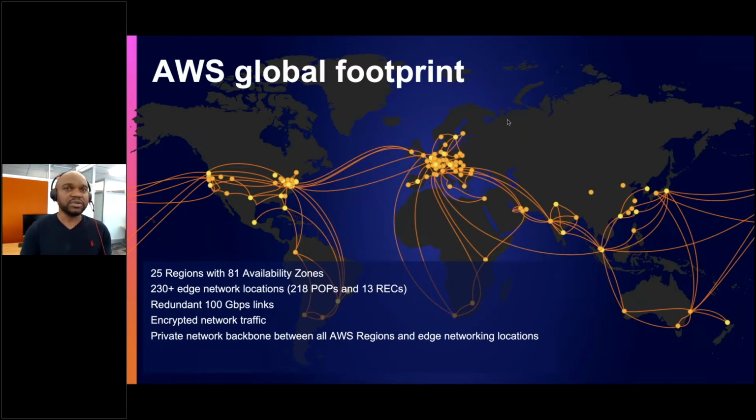I will elaborate a bit on this later in the presentation. This large global network helps improve performance and availability of your content delivery. It also helps protect against DDoS attacks by dispersing the traffic across each of these edge locations and shielding your application's origins.